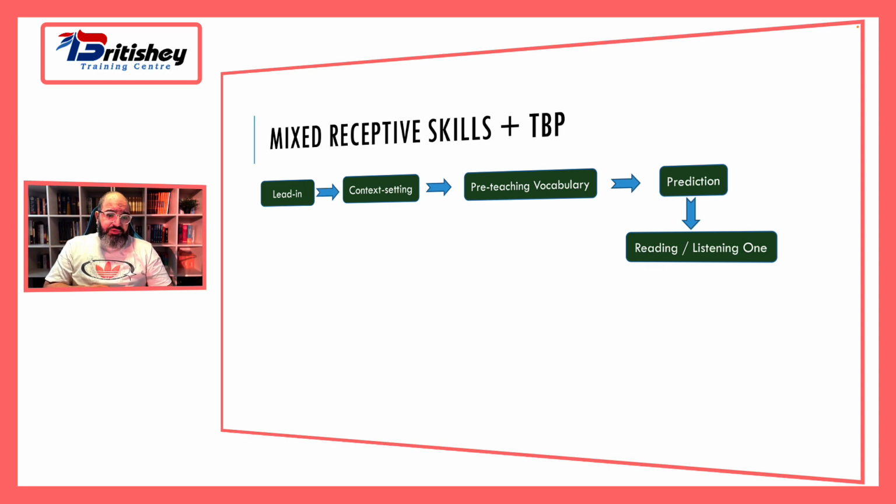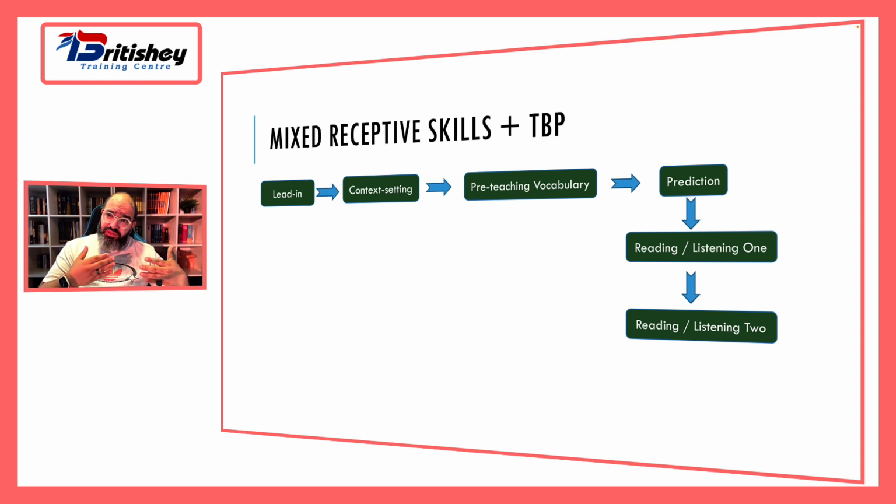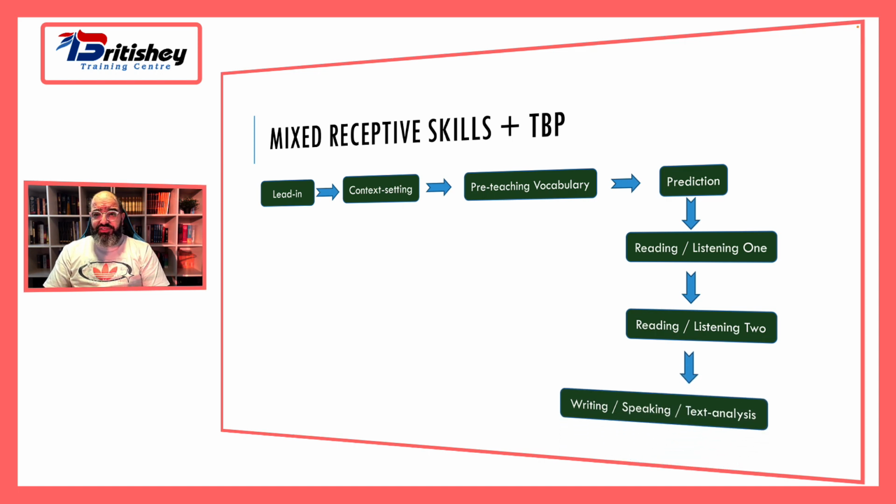And then we follow it with also reading and listening to, which can be any other sub-skill that needs to be focused on. Right, then we get to the last part in the receptive skills framework, which is writing or speaking or text analysis. Then you move from there and you go to highlighting.